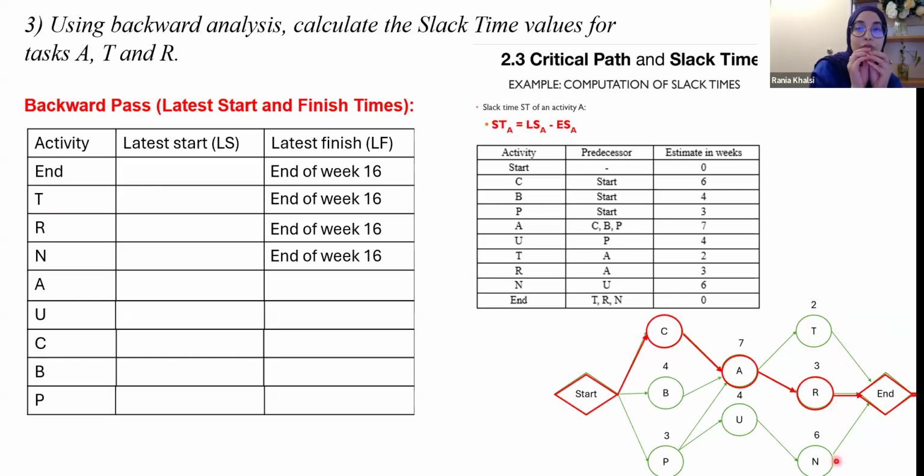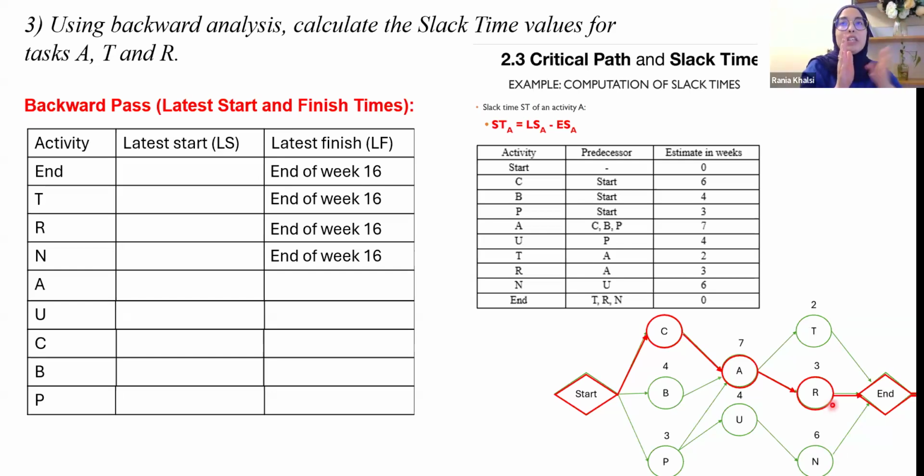This is only if we consider the information from the previous exercise, the total duration of the project, which is going to finish at the end of week 16. So we suppose that all these activities have the same end date, the end of week 16, okay? So starting from this latest finish possible.